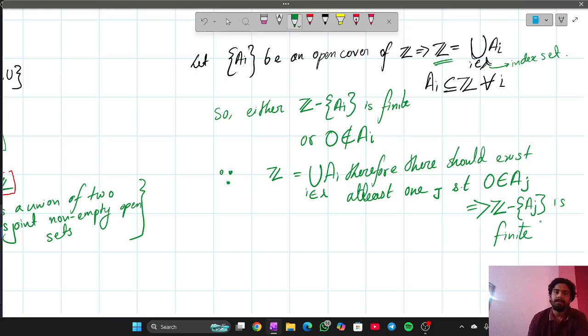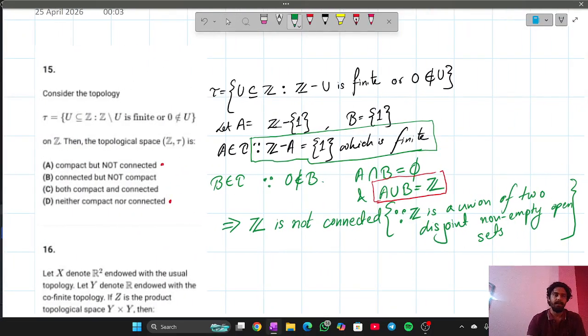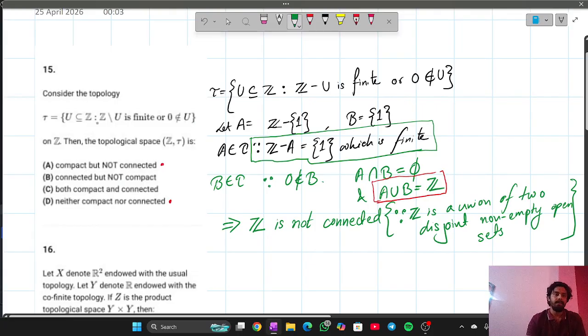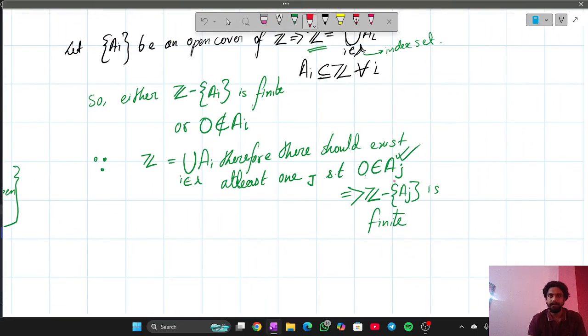Since Z is a union of all A_i, there should exist at least one A_j, j being just the index, such that 0 belongs to that. Because 0 belongs to this set, we are failing one of the conditions, that 0 does not belong to. Hence the other condition has to be fulfilled, that it should be finite. So that other condition should be fulfilled.